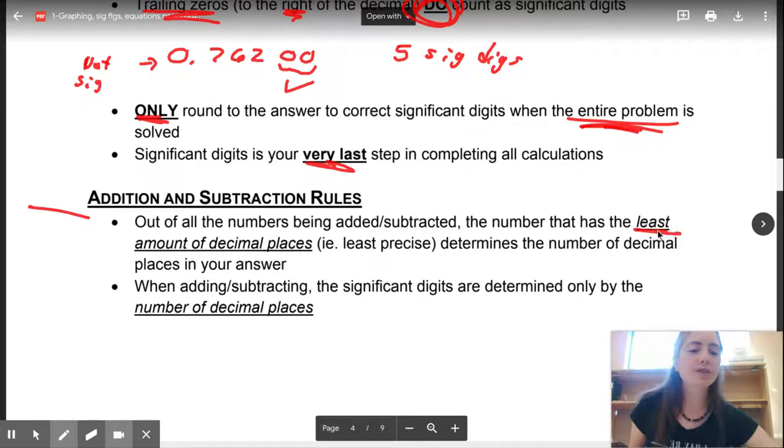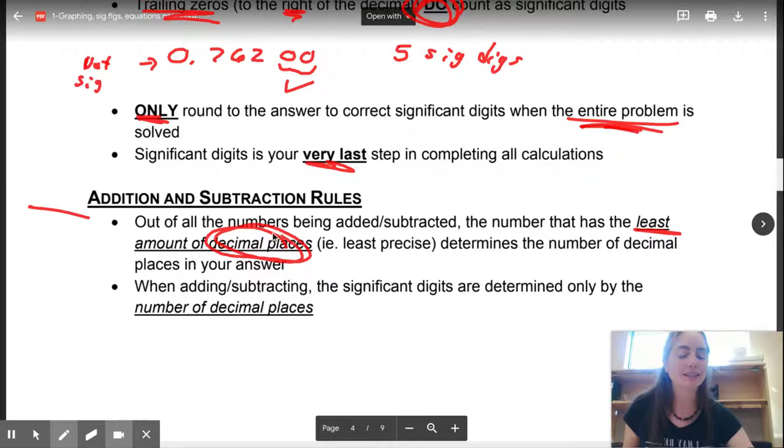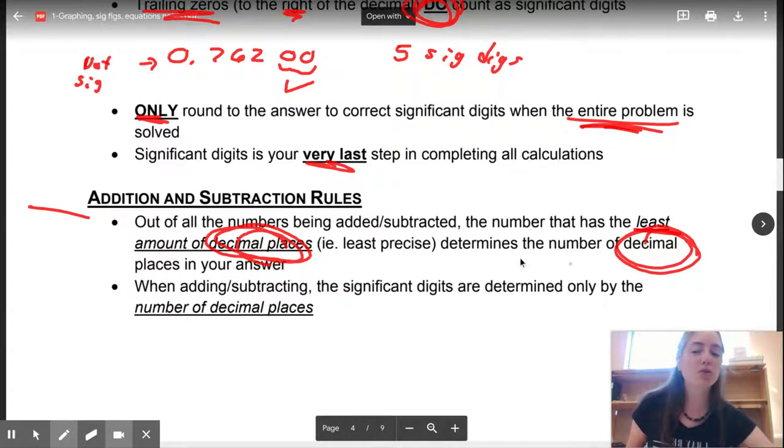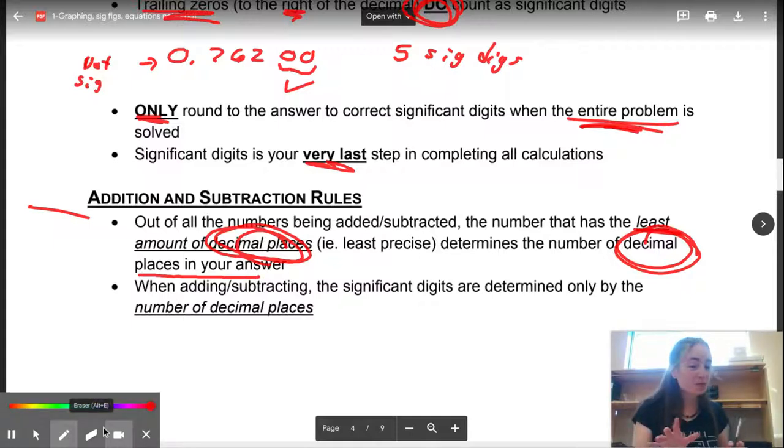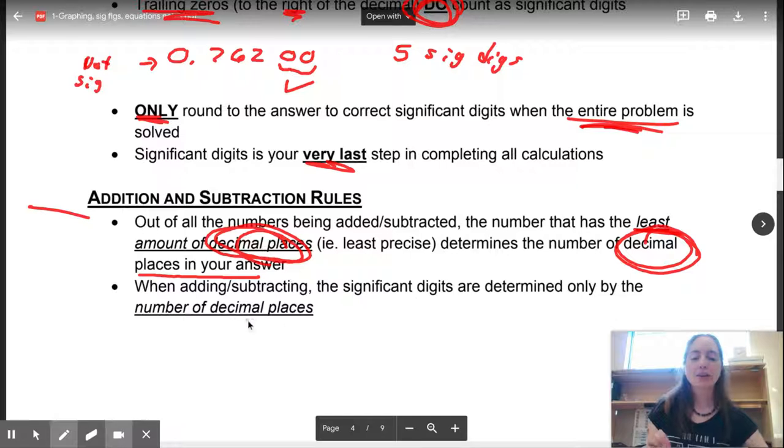The number that is going to have the least amount of decimal places, the least precise answer, determines the number of decimal places in your answer. So addition and subtraction rules are all about decimal places. That is what you're going to round to. So ladies and gentlemen, only decimal places.